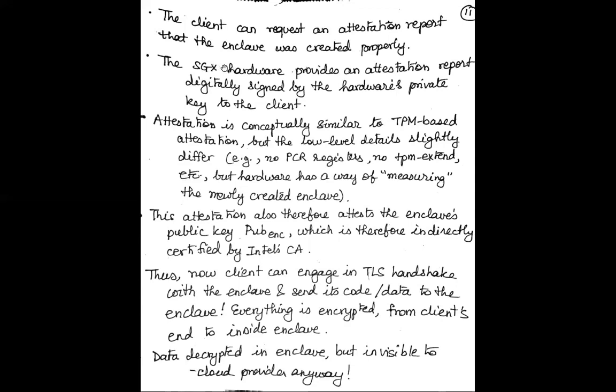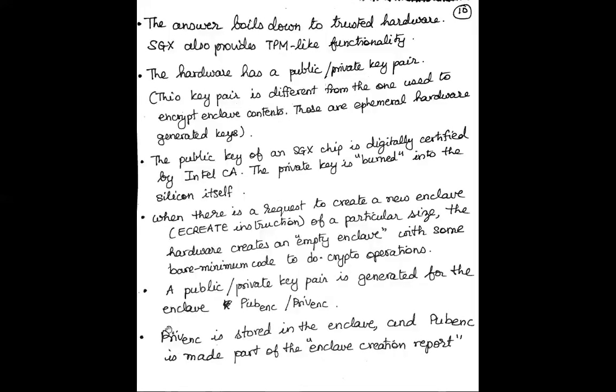So the SGX hardware actually provides this attestation report. And this attestation report is digitally signed by the SGX hardware's private key. Remember, this SGX hardware's private key is different from this Prevenc. This Prevenc is a key that is stored within the enclave for communication within the enclave.